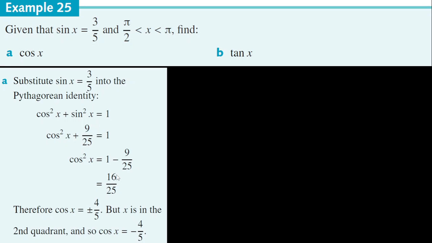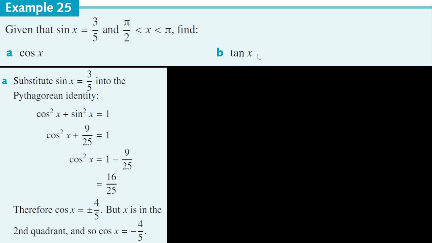They are perfect squares, so what you can do now is square root, and you end up with two answers, a positive and a negative. As I mentioned before, cos of x is negative, so cos of x is negative 4 over 5, and that's the only possible solution.